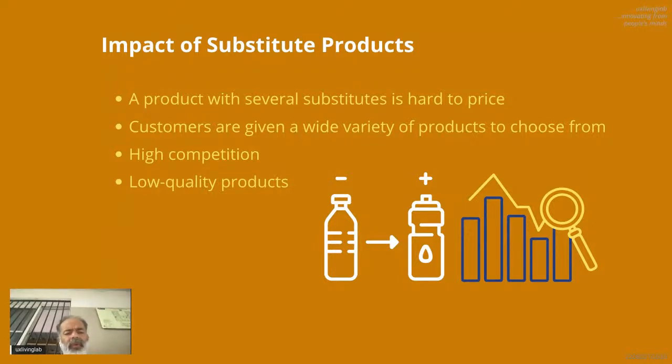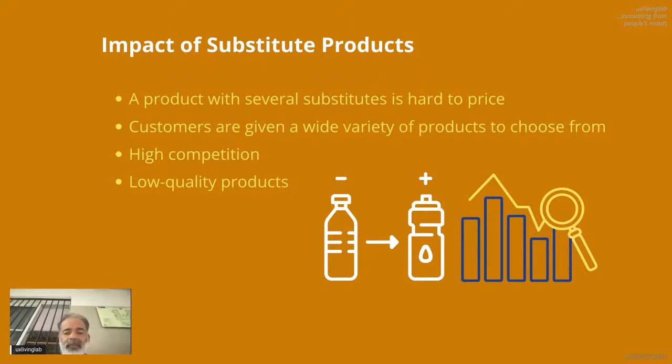Since every producer of a substitute product is trying to sell, the only things they can rely on are branding and pricing. Thus, the prices of products with many substitutes are highly volatile in the market. Where there are fewer substitute products, there is a higher probability of earning greater profit. So, a product with several substitutes is hard to price.